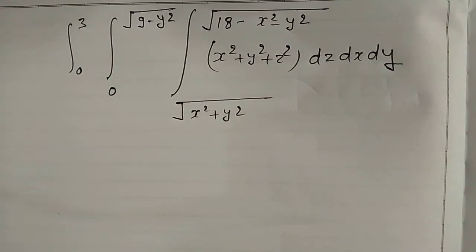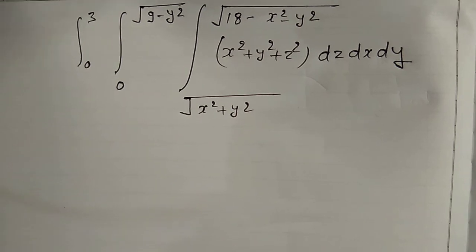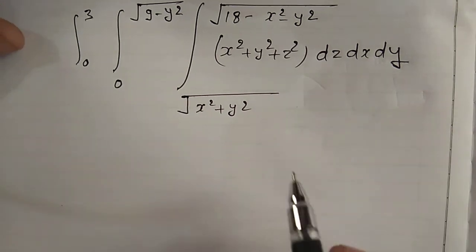So solve this integral using spherical polar coordinates. For spherical polar coordinates, we need to know the limits of r, theta and phi. That is the important part. So let us try to get them.